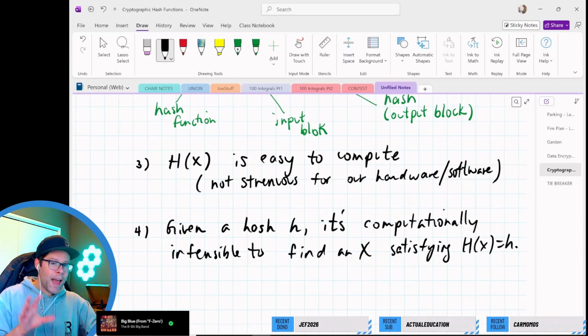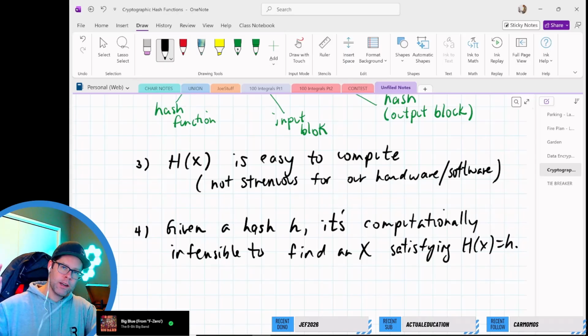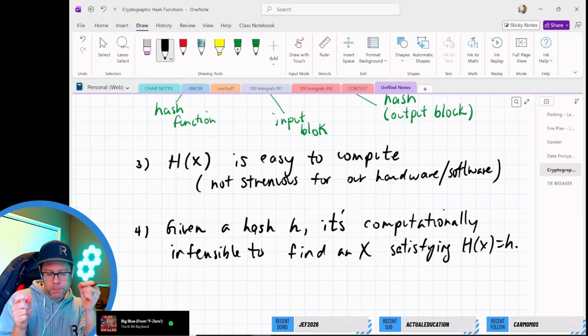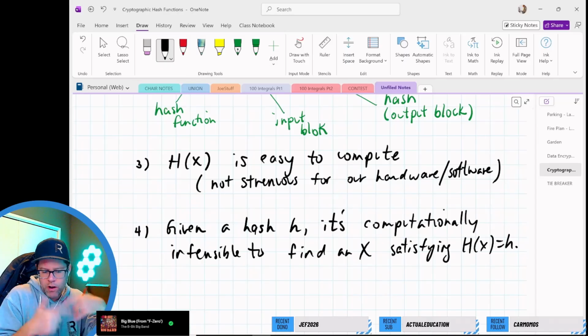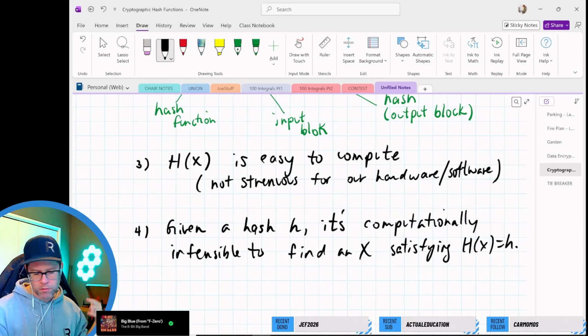So in other words, if I happen to know the hash value, like let's pretend we're working in a password situation, like my password has been hashed and it's stored in a database. If somebody gained access to that hashed password, it wouldn't really make a lot of sense to try to just run through a bunch of input blocks to try to figure out what that output is. That's what number 4 is saying.